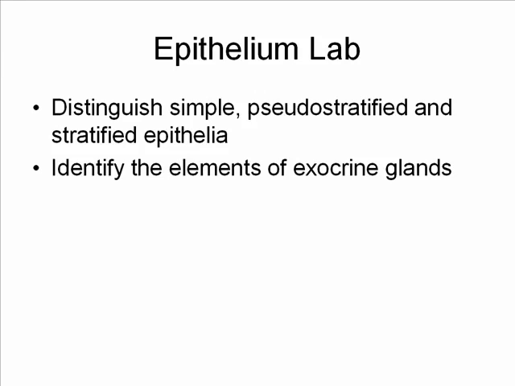So this is the second of the independent study lab introductions. In this lab we are looking at epithelium, which is the first tissue that you will need to be familiar with in your study of cell structure and function.